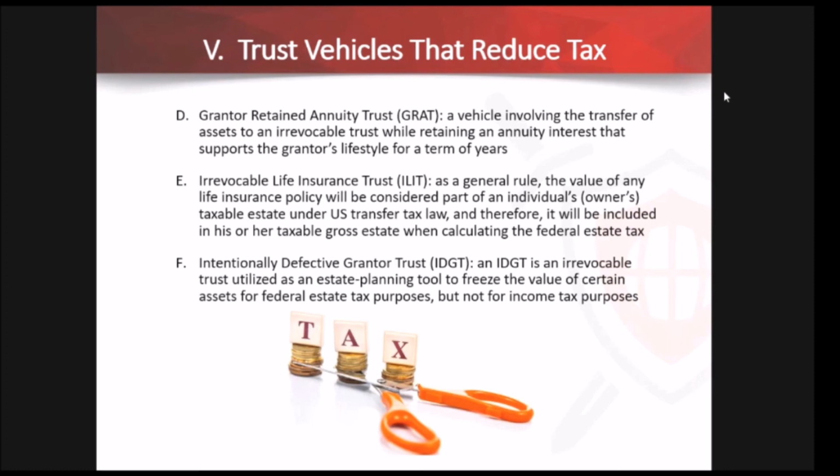But when the grantor dies, whatever's inside that trust is not includable in their estate because they've made a completed gift and it's outside, it's gone. So you definitely should be thinking about this and explain to your clients that these are a way to utilize these tax strategies, these vehicles, to take advantage of the rules at the gift, estate, and income tax levels.